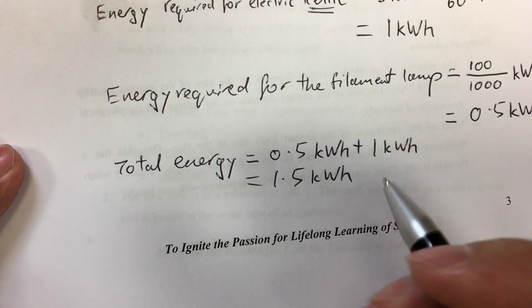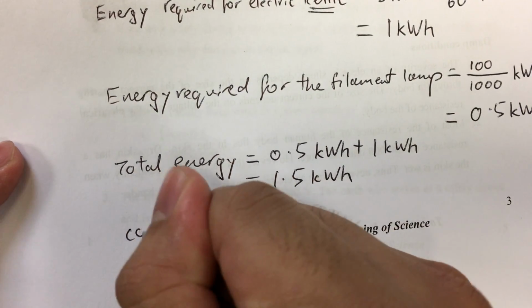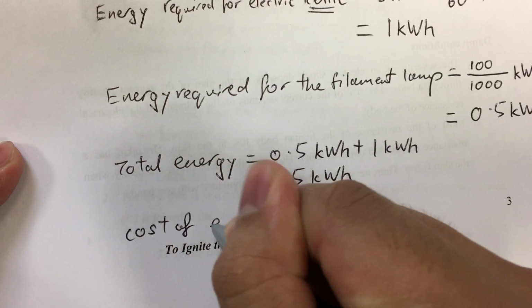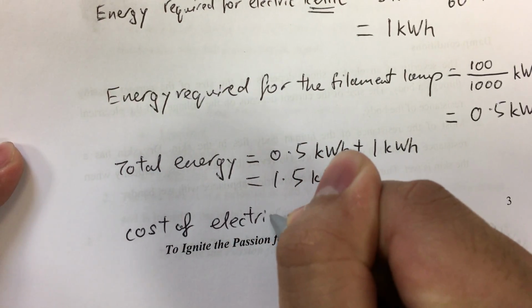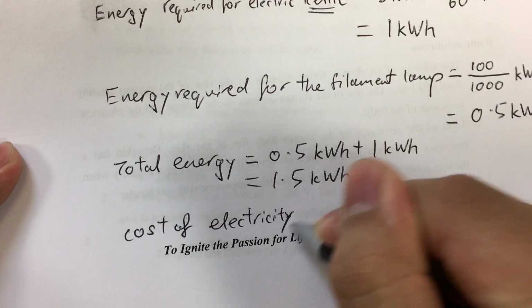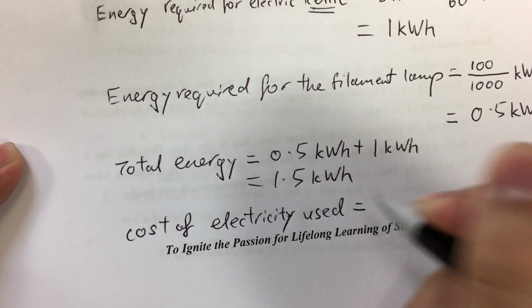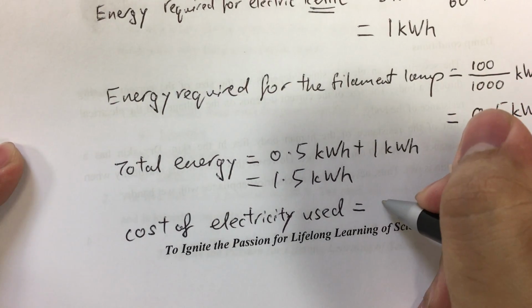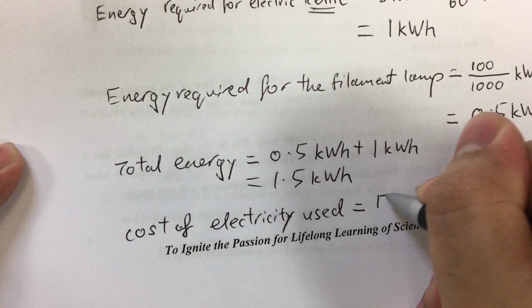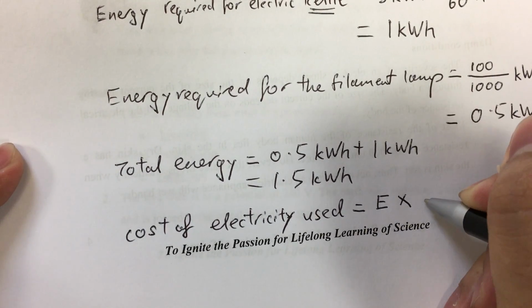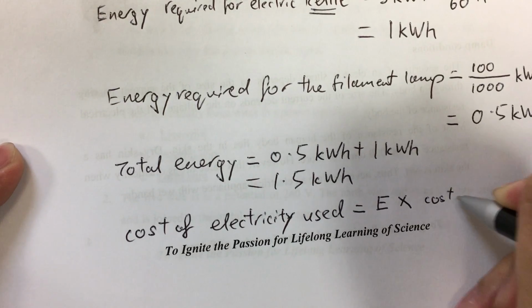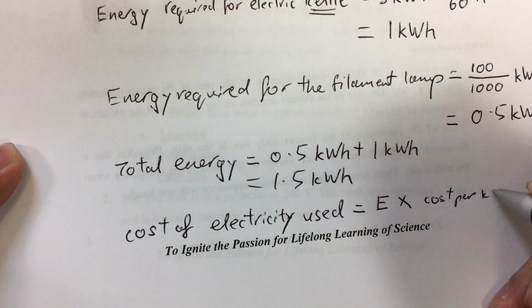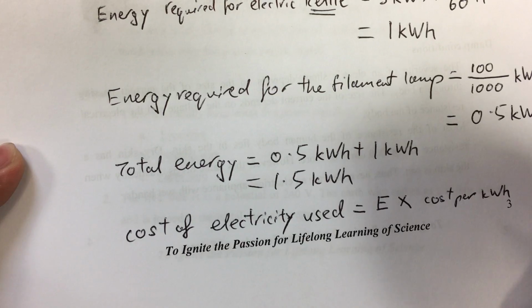So how do I calculate the cost? So cost of electricity use is equal to the energy multiplied by the cost per kilowatt hour.